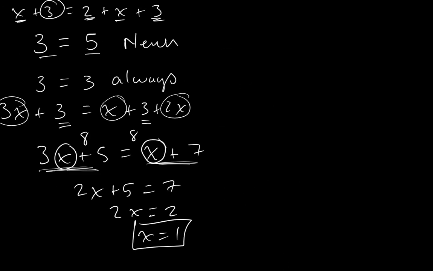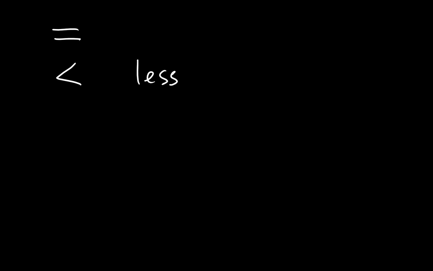And the symbols that we want to look at are symbols like, clearly we've seen this one. But let's say this symbol right here. Now you've seen it written down before, and I think most of you know that this means less than. This symbol means greater than.